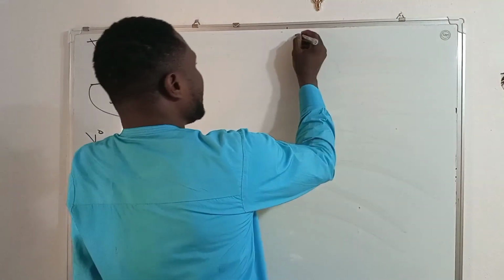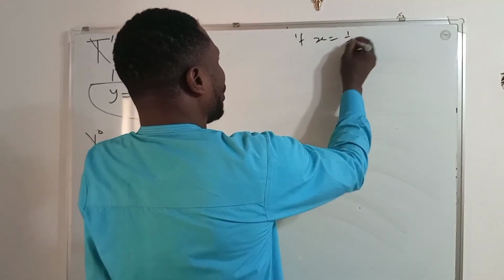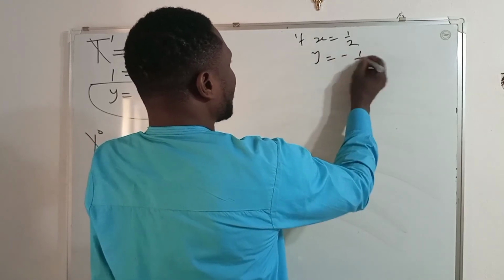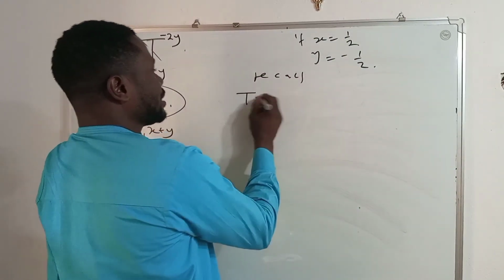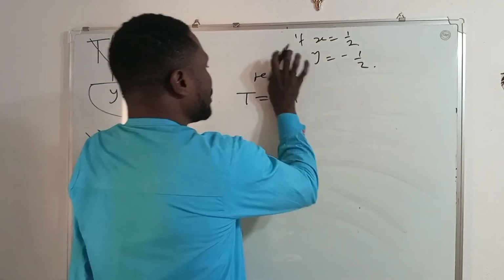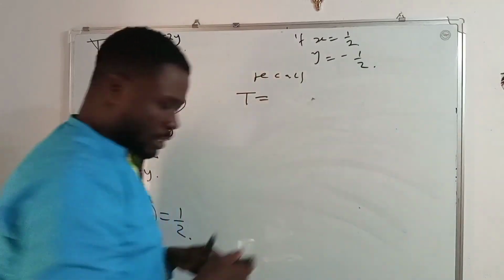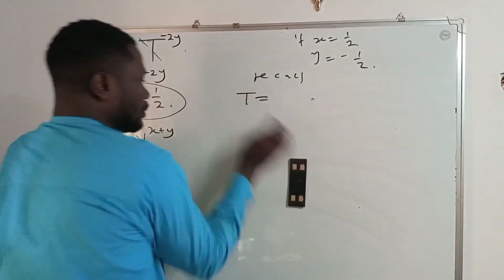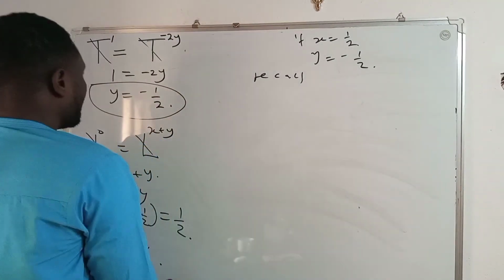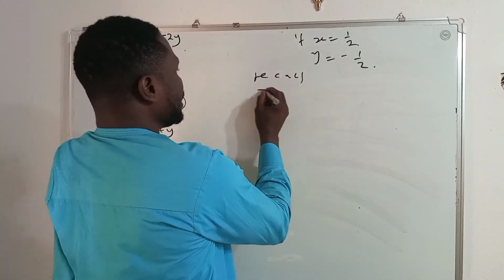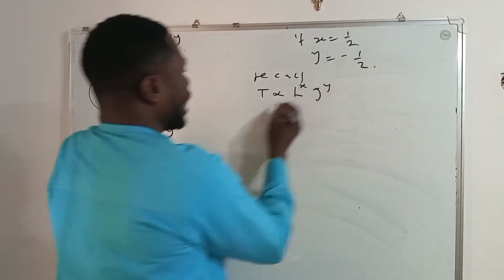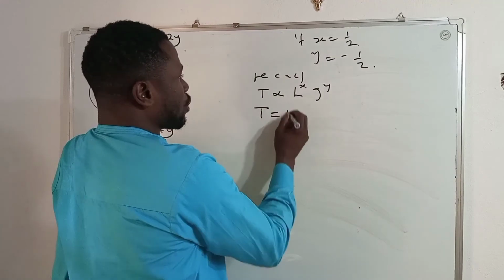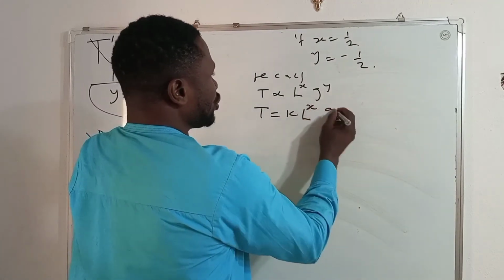We say if x is equal to 1 all over 2 and y is equal to minus 1 all over 2, we can now recall that we said earlier that t is equal to 2 pi. Remember from the equation, recall we said t is directly proportional to l raised to x, g raised to y, and we further said t is equal to k l raised to power x g raised to power y.